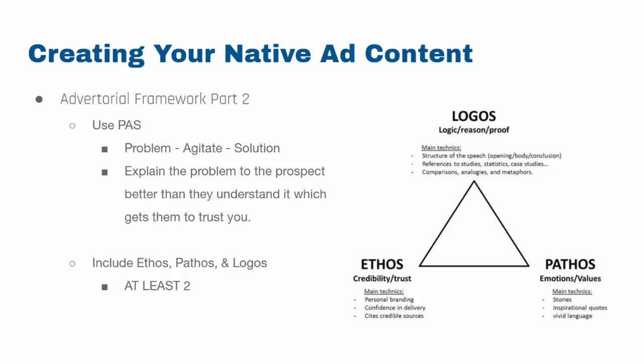Now, the other thing that I want to add is you need to make sure you include ethos, pathos, and logos. At least 2 of them. And this was invented by a famous Greek guy. I forget if it's Aristotle or Socrates, but one of those geniuses from back in the Greek days where they figured out everything.